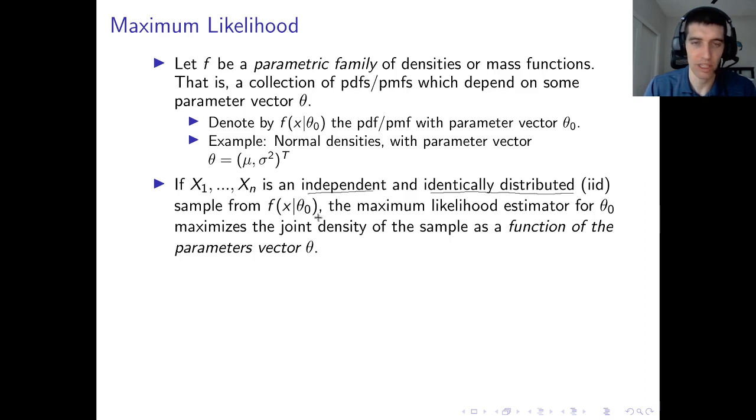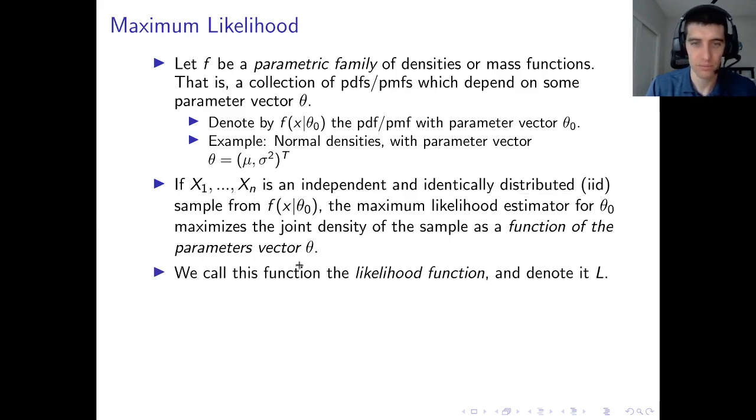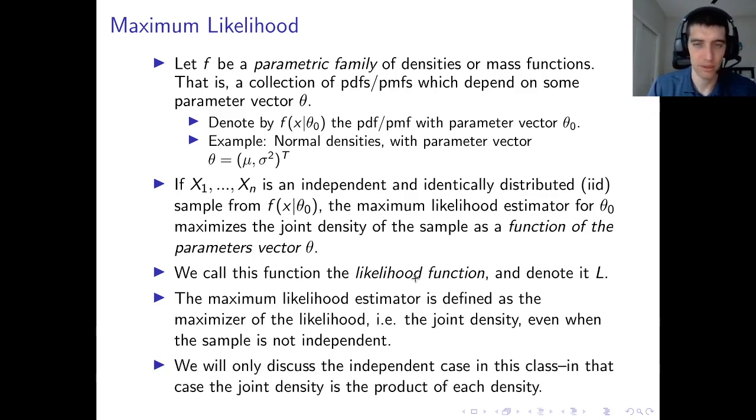There are lots of things breaking down, but what I'm saying is that you give me a sample, and then the maximum likelihood estimate for this theta naught maximizes the joint density of the sample here. This is called a likelihood function. And the maximum likelihood estimator, again, is defined as the maximizer of the joint density.